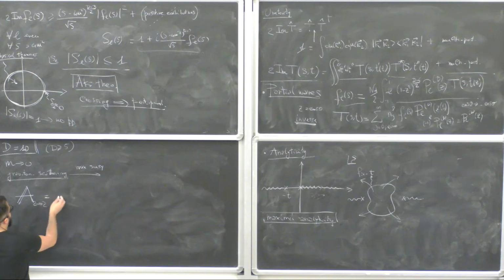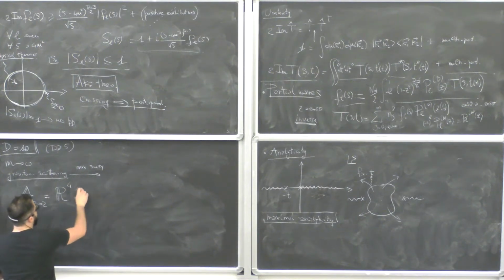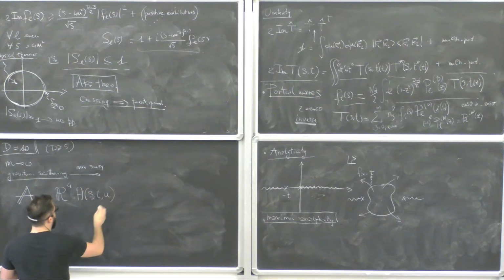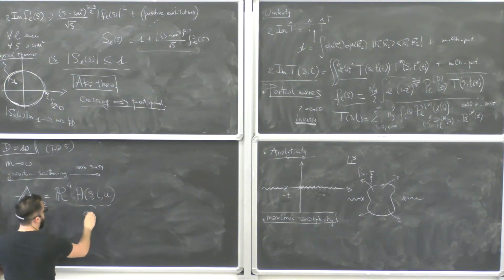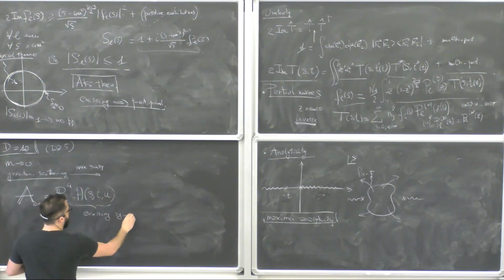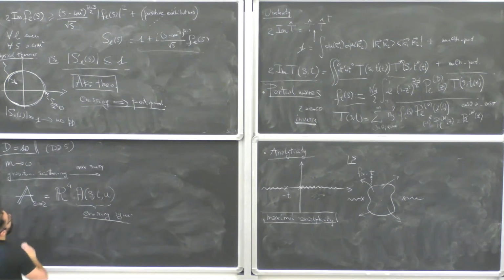And this will be given by just an R to the 4 factor that depends on the polarizations of the external particles, times a universal function, A of STU, which is crossing symmetric. And this is the object to which we will apply all these properties.